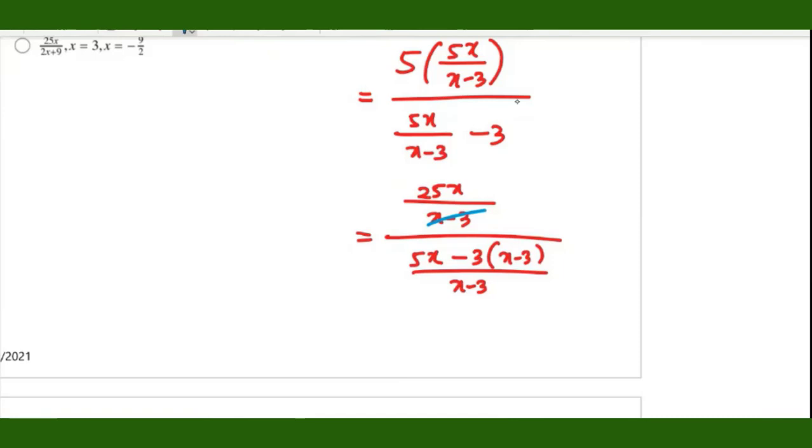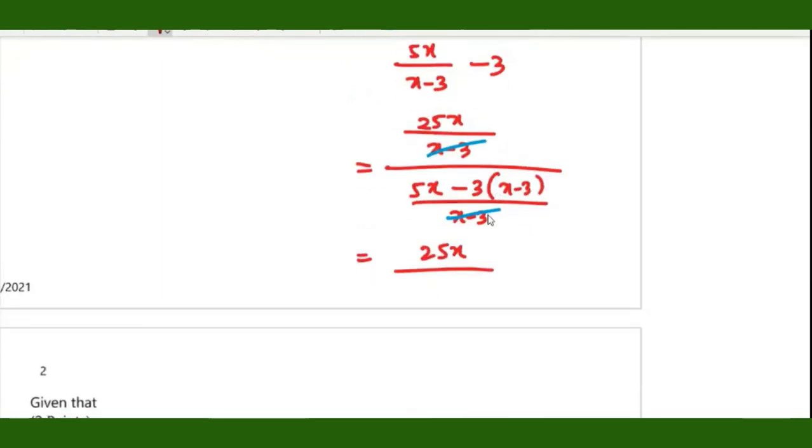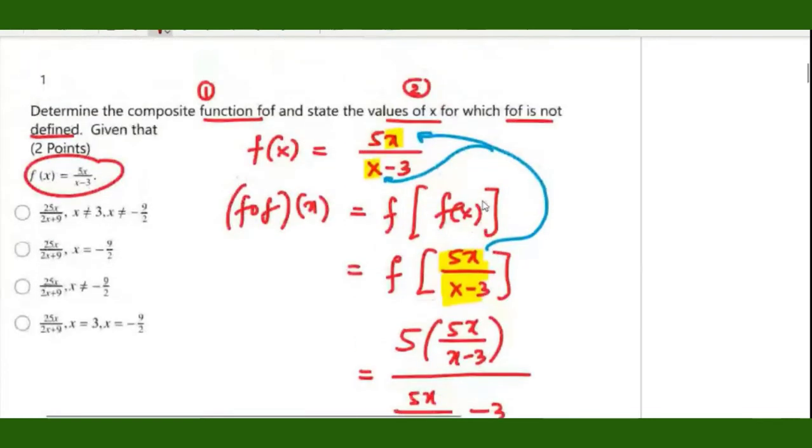Simplifying the numerator, we end up with 5x minus 3x plus 9, so 25x over 2x plus 9. So this should be our function f of f, and the first question is answered.